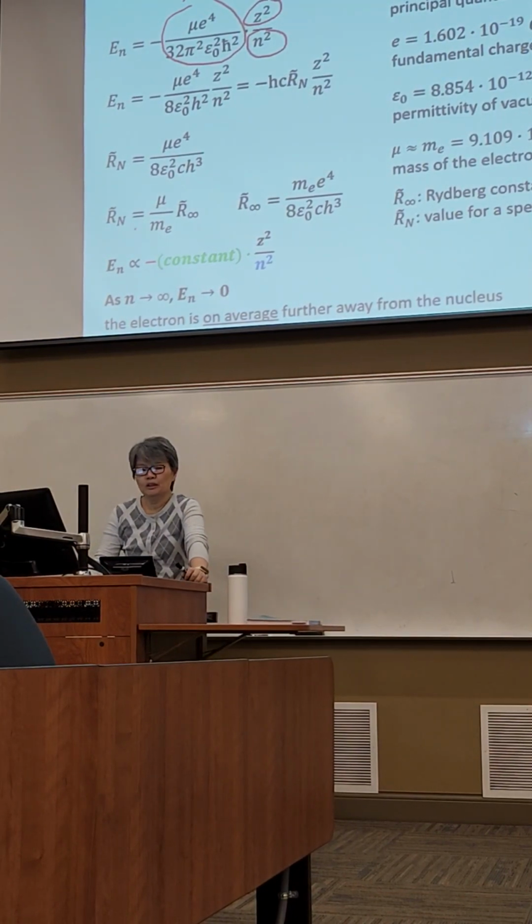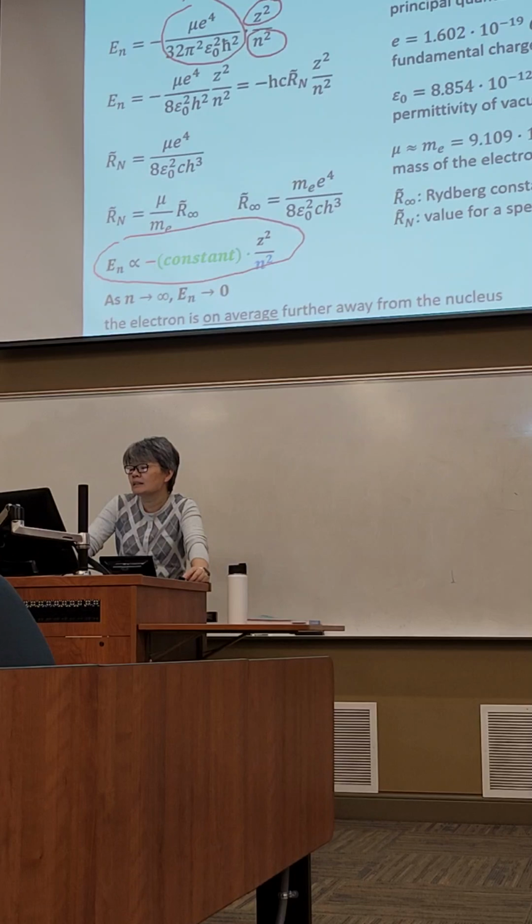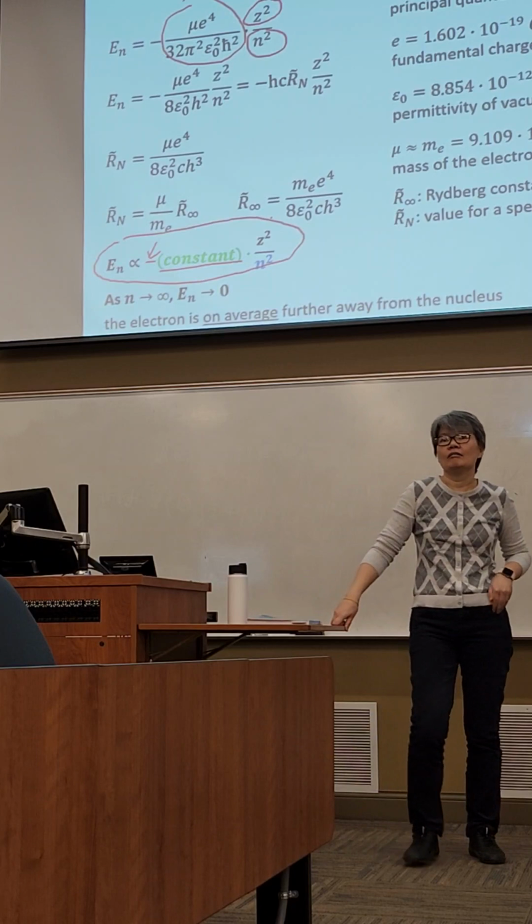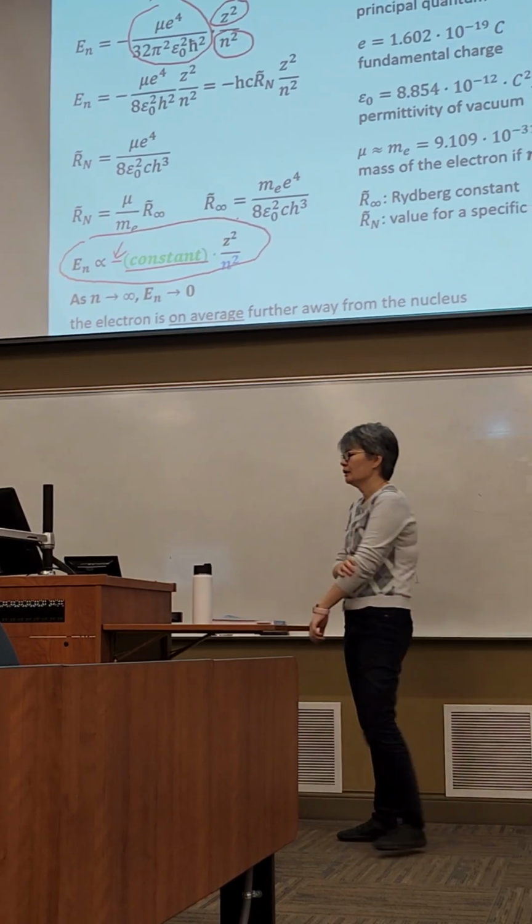And then if we look at the simplified version of the energy for the electron in the hydrogen or hydrogen-like system, you have a negative sign right here, and you have a constant, proportional to Z squared, and inversely proportional to the square of the quantum number.